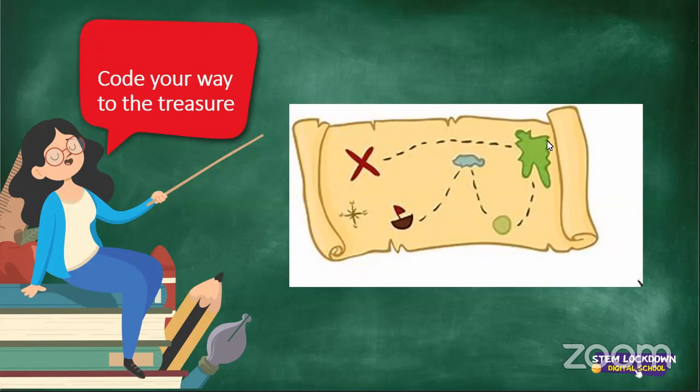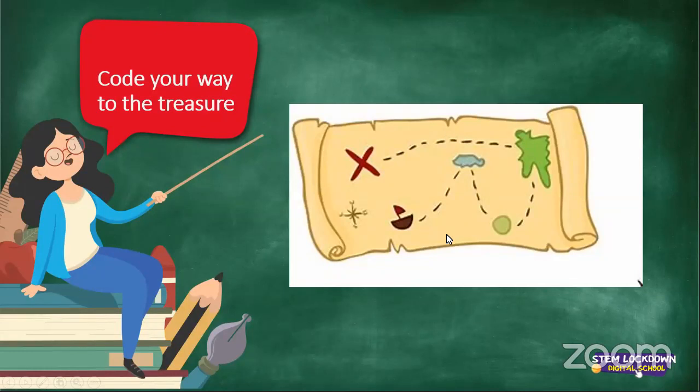So if you are a pirate and you want to go and find a treasure, there's a specific route that you need to follow. So for example, if you see the ship here in the bottom left-hand corner, can you see that?